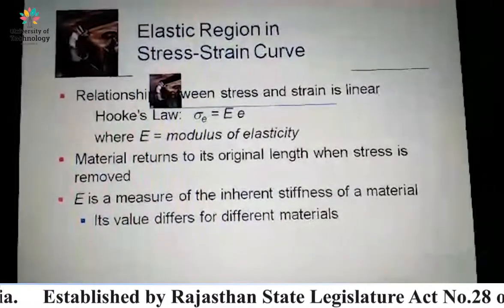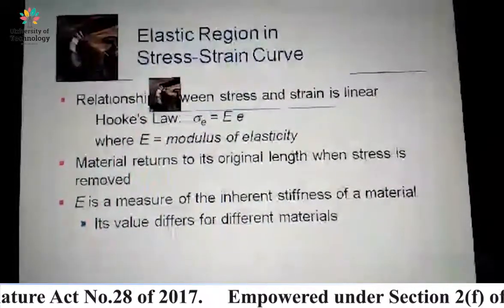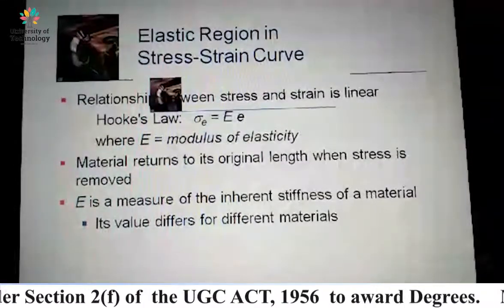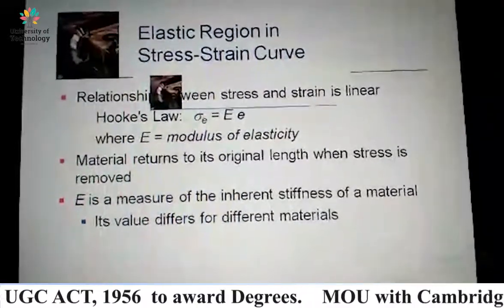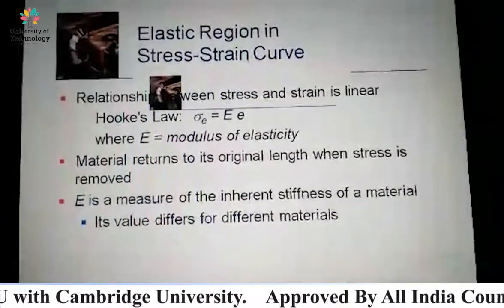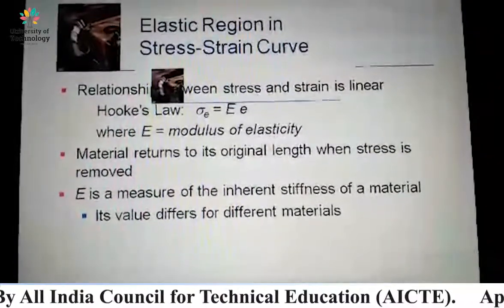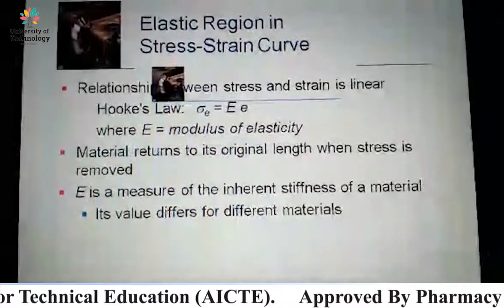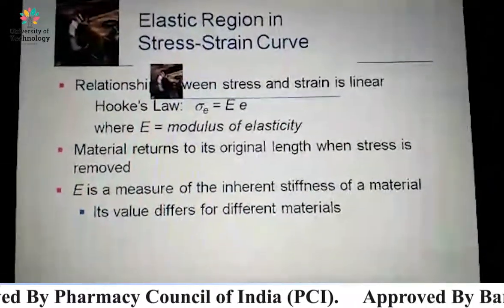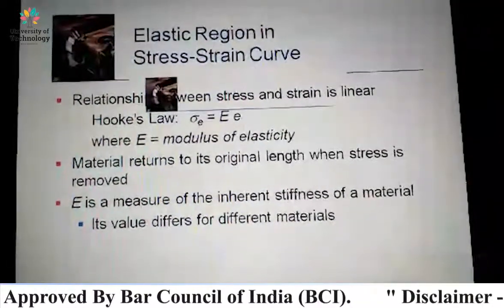Next, the elastic region in the stress-strain curve is followed by Hooke's law, which says that sigma equals capital E times small e, where capital E is the modulus of elasticity, right? The material returns to its original length when stress is removed, and capital E is a measure of the inherent stiffness of a material. Its value differs for different materials, right guys?